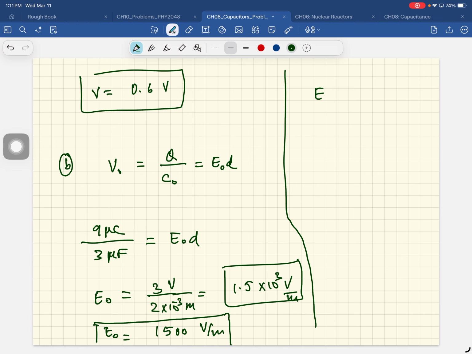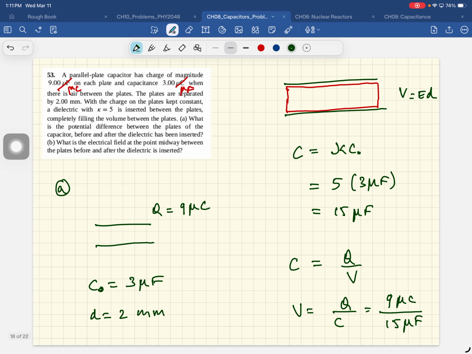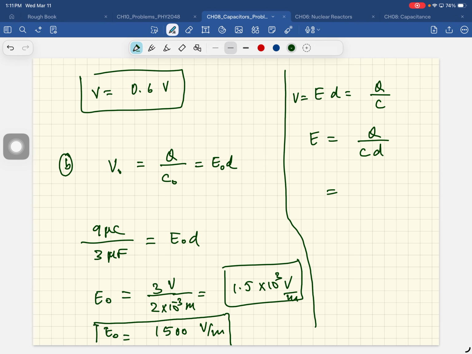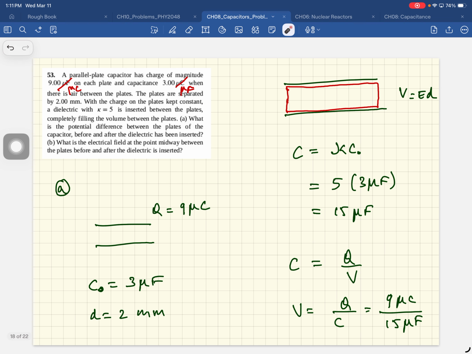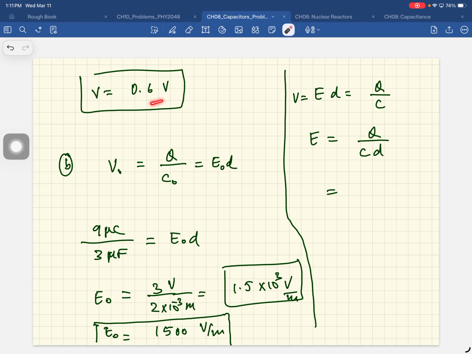And after the dielectric was inserted, E times D equals Q over C. And we found Q over C to be 0.6 volts.